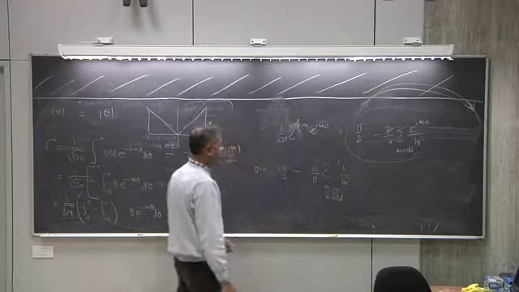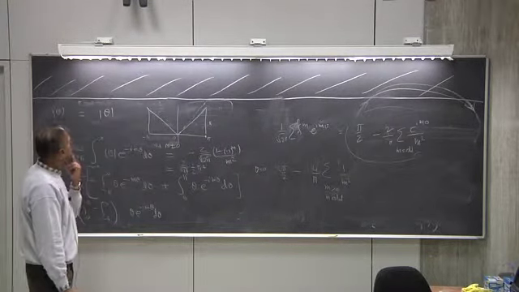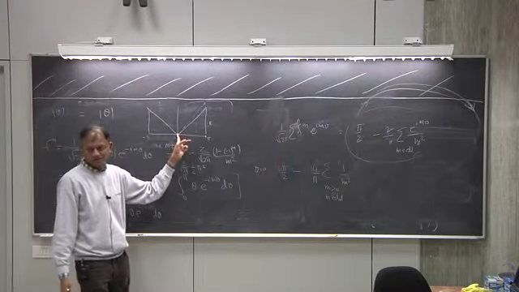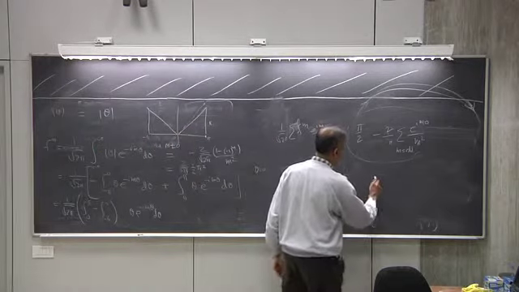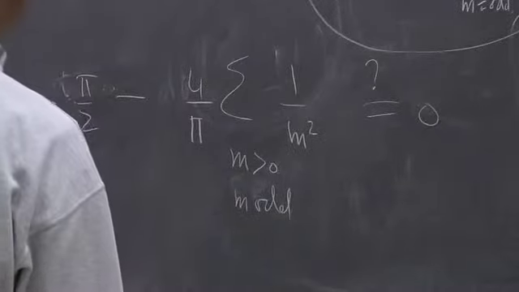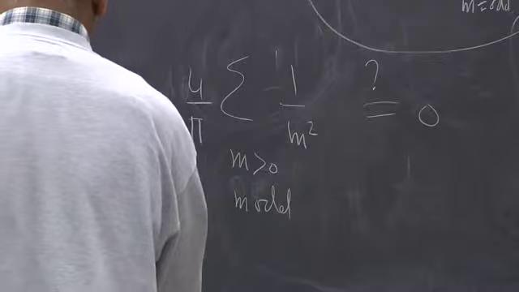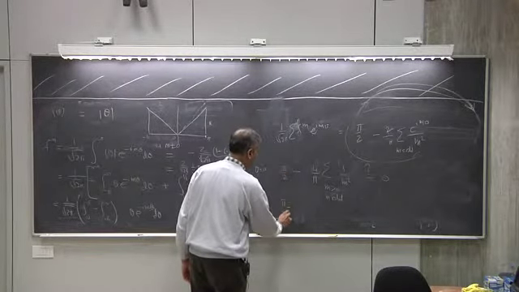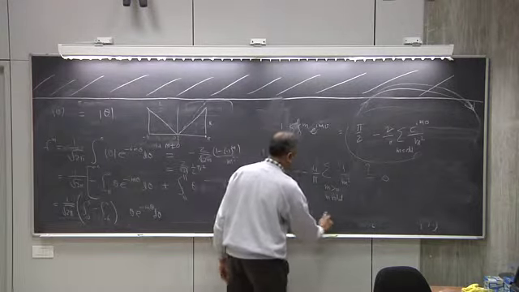That's what you get. And this should be equal to 0 according to the theorem, because the value of the function at theta equal to 0 is 0, right? So this should be 0. And similarly, let's look at theta equal to pi. At theta equal to pi, you find pi by 2 minus 4 over pi times the sum of 1 over m square.